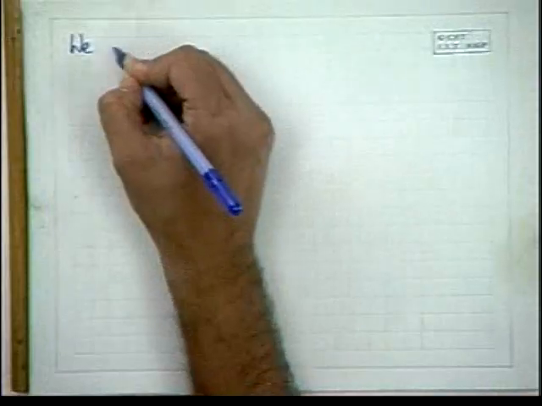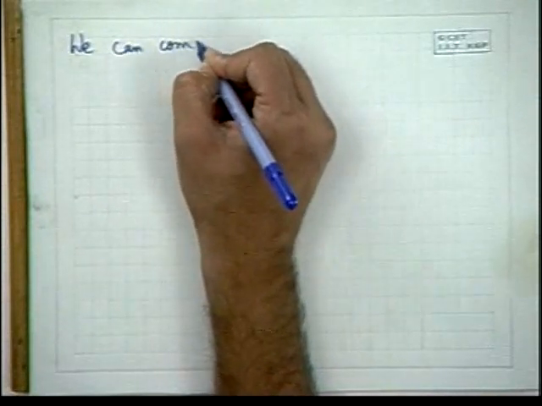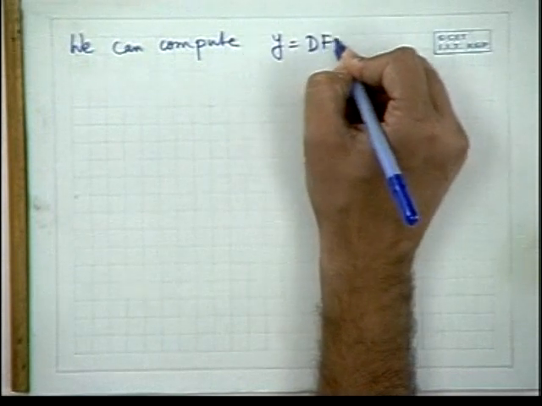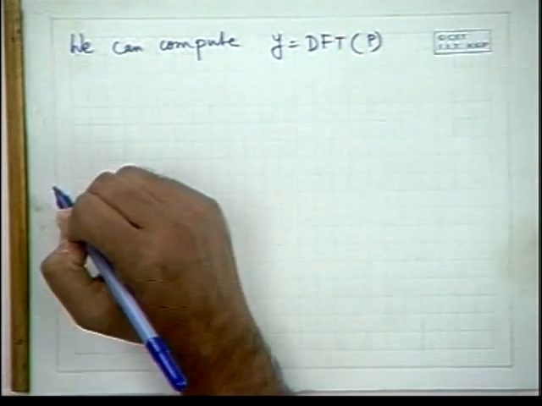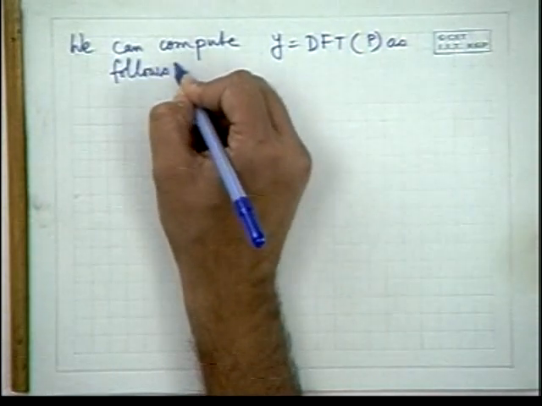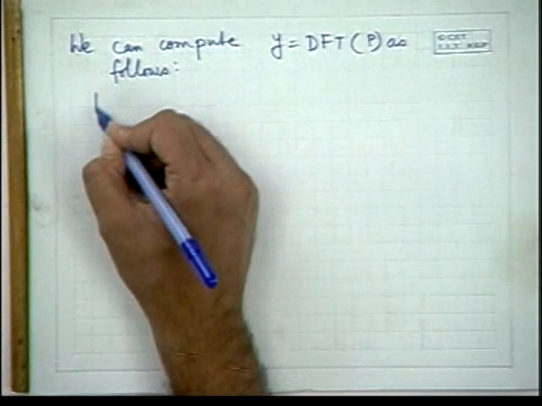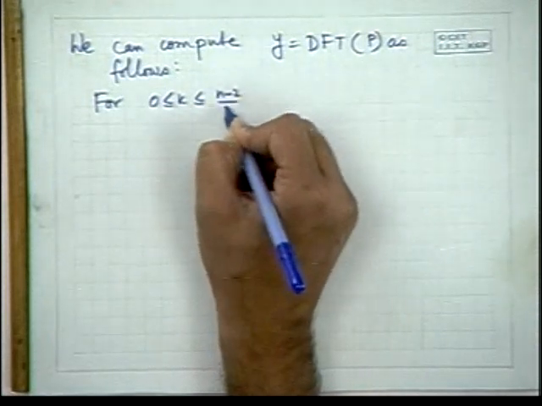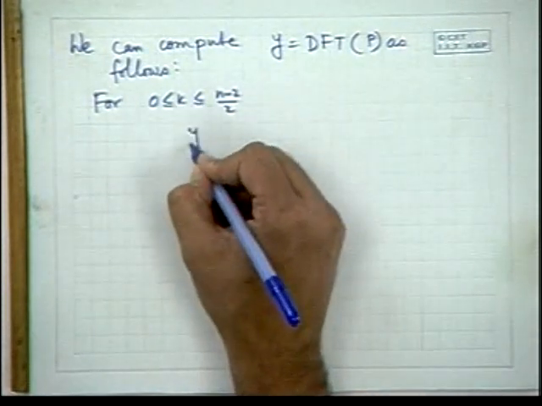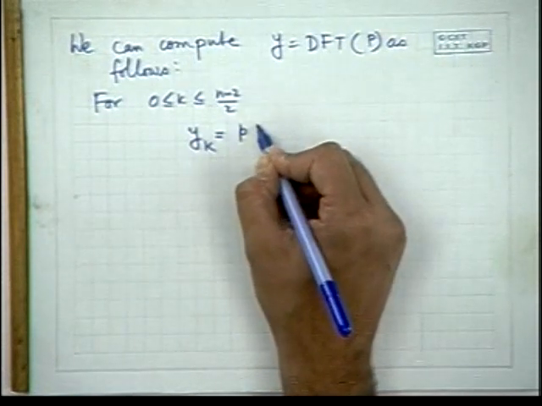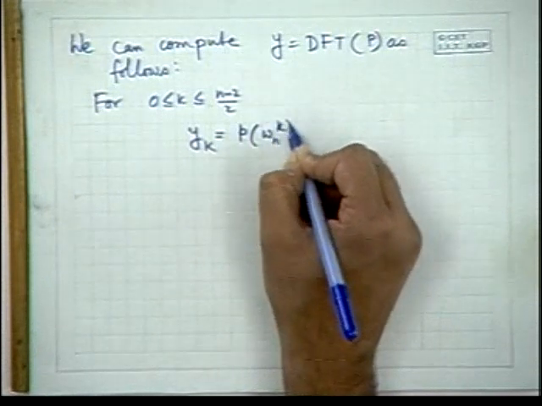So let me put this. We can compute y, which is equal to the DFT of P. This is what we want to compute, as follows. For k going from 0 to (n minus 2) over 2, how would you get yk? yk is P of w_n^k by definition.